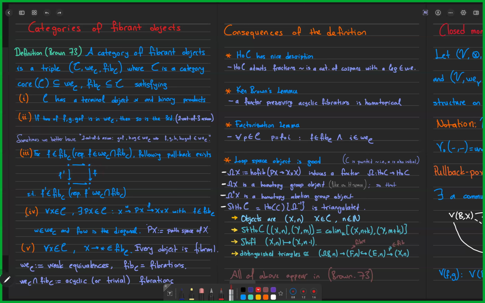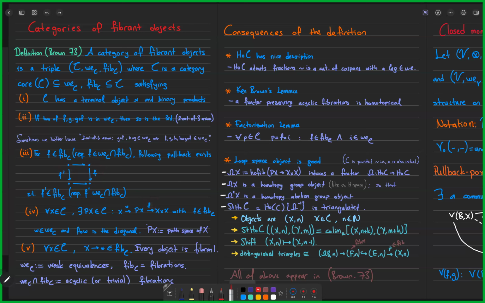And one of the crucial properties is that every object has a path object. That means the diagonal morphism from X to X times X factors through an object PX, which is called the path space of X, such that the first arrow is a weak equivalence, and the second one, F, is a fibration.